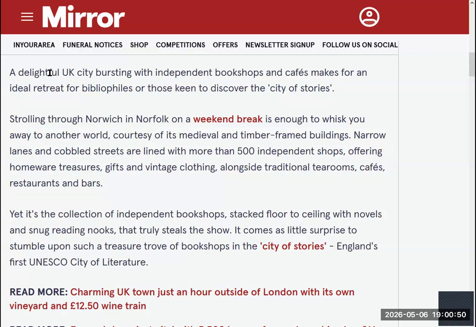A delightful UK city bursting with independent bookshops and cafes makes for an ideal retreat for bibliophiles or anyone keen to discover the city of stories.